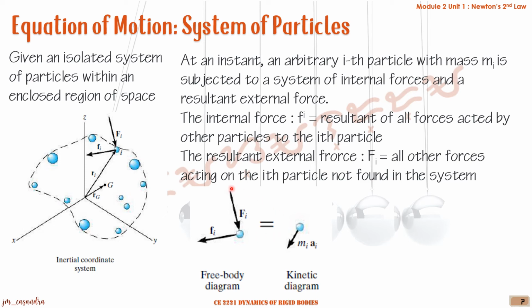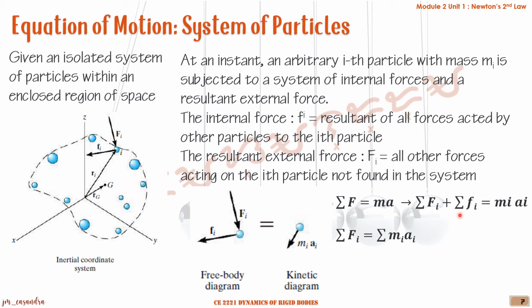Okay? So in this case, the sum now of Fi, the external force, and your internal force can be written as equal to the mass of the ith particle times its acceleration. So with that, applying the equation of motion, summation of the resultant external force plus summation of your internal forces is equal to mi ai.